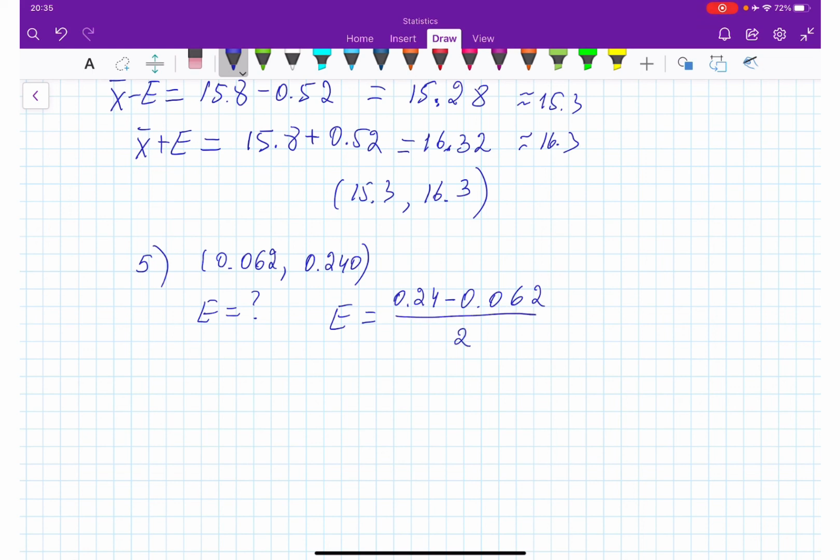So 0.24 minus 0.062 is equal 0.178 over 2. And that's going to be equal 0.089.